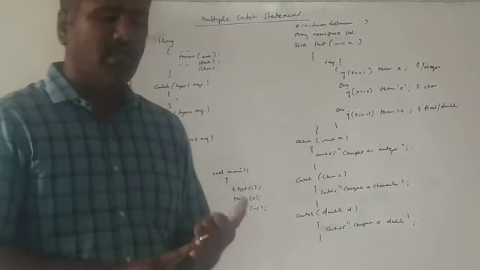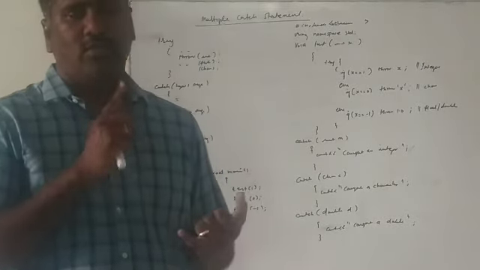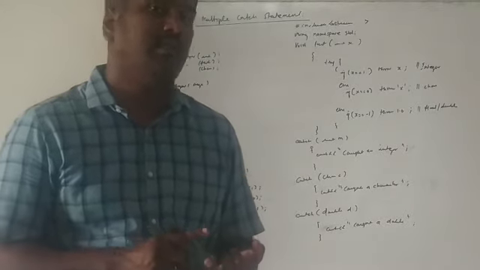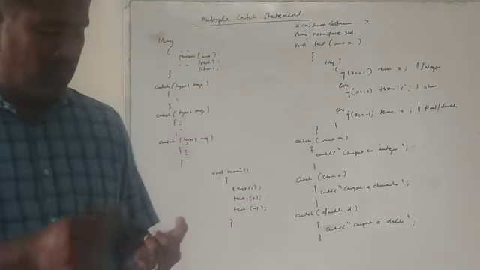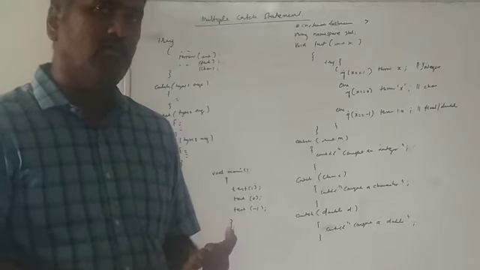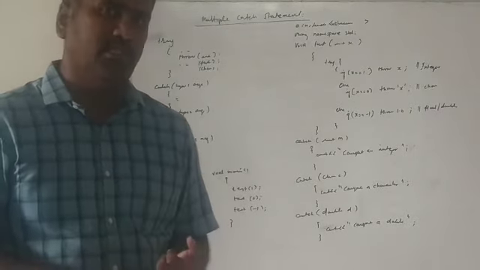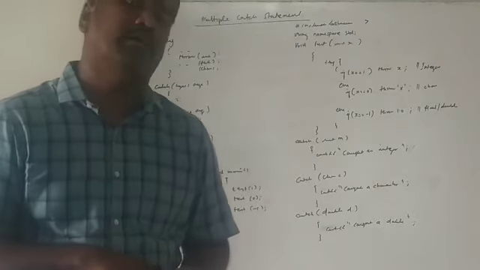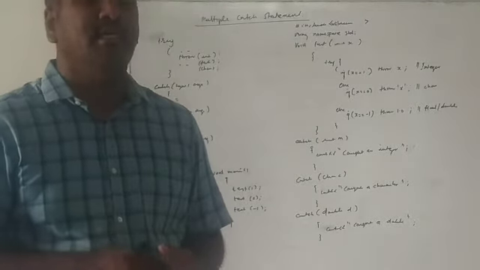So if you pass an integer, it is caught in the catch integer statement. If you pass a float, the float catch statement is executed. If you pass a character, the character catch statement will be executed.